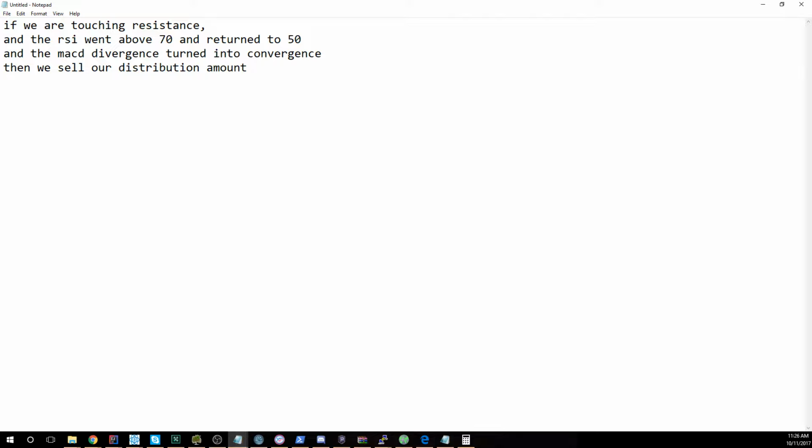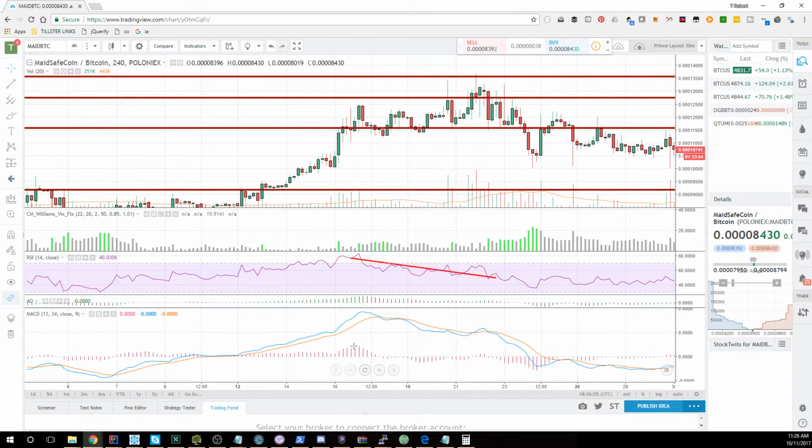Yes, absolutely. When the histogram is moving towards 0, that's convergence. That's when the two lines are going to cross over each other. Because at that time, all of the separation has been eliminated. They are converging. And you can see on the histogram right here that this is divergence occurring.